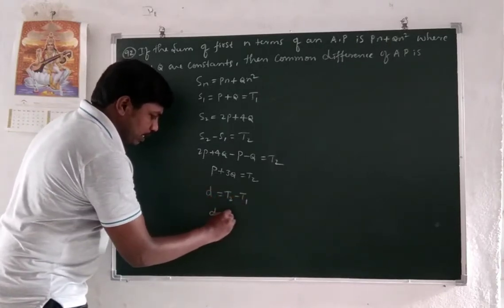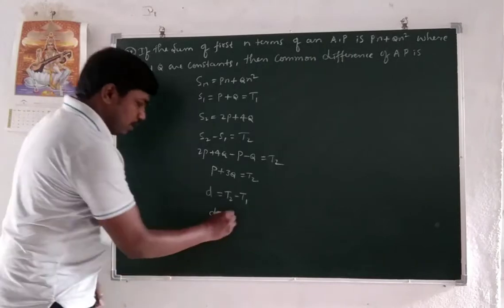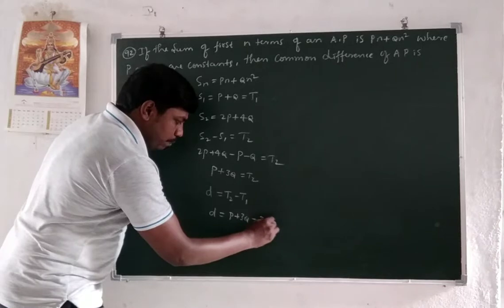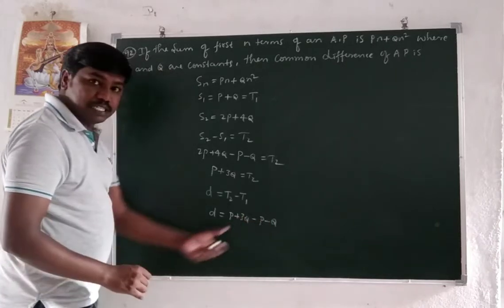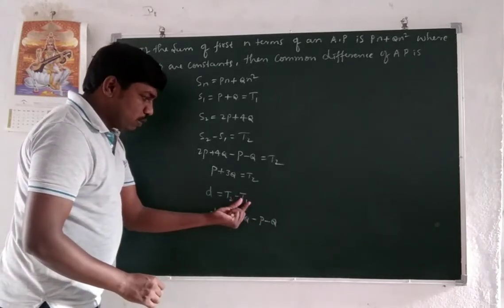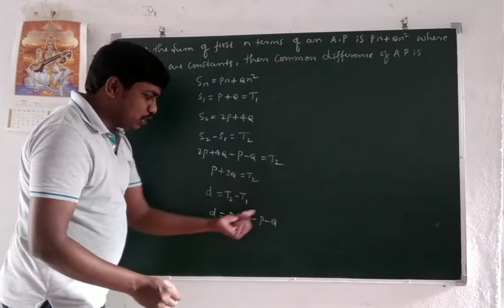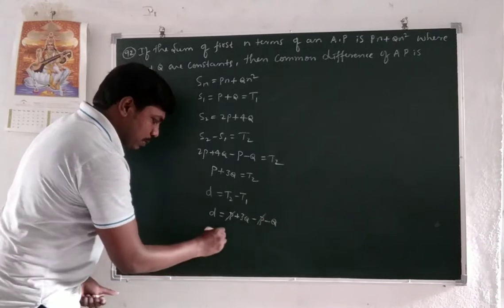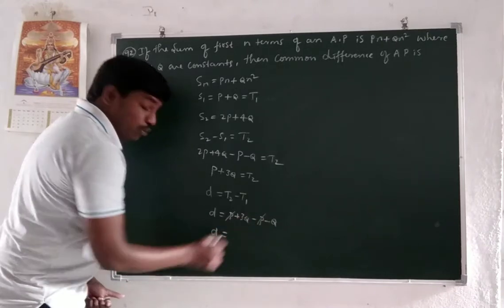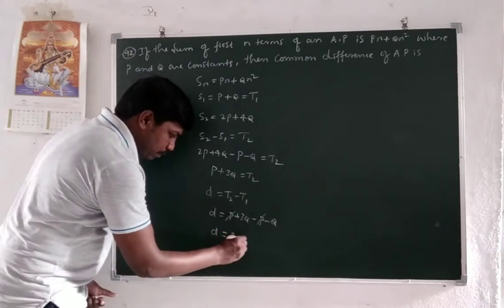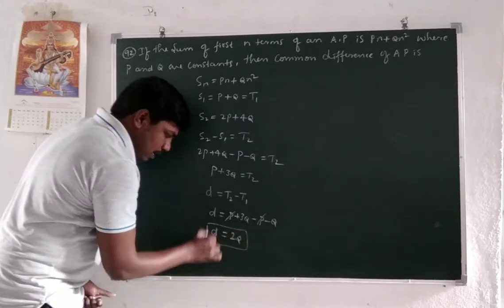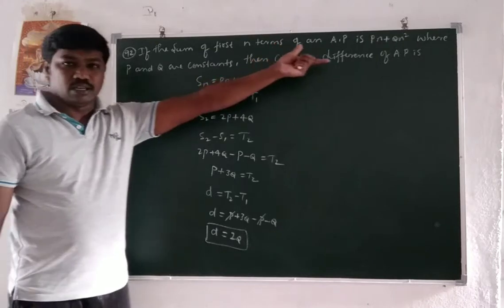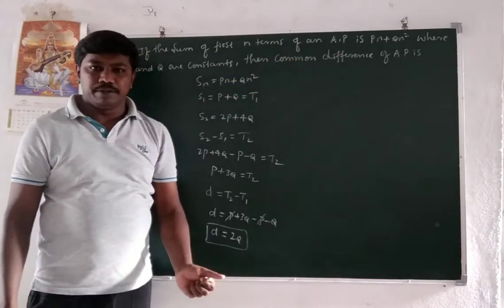T2 is P plus 3Q minus T1, which is P plus Q. So minus P minus Q; P minus P cancels, and 3Q minus Q is 2Q. This is the common difference of the AP when the sum of n terms is Pn plus Qn square.